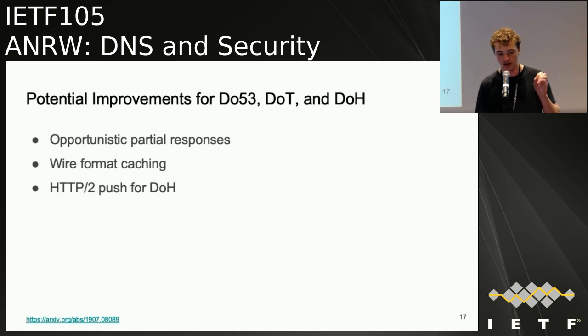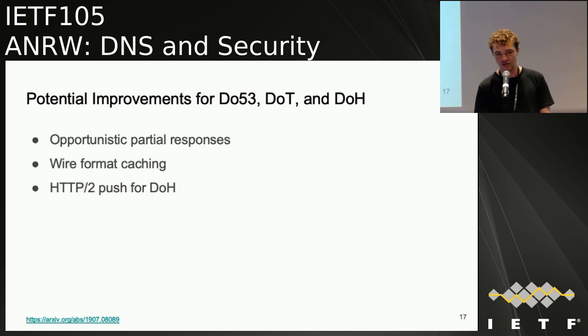In Firefox's DO implementation, the transaction ID is 0 by default. What this means is that once an answer is cached on a recursor, it knows what the exact format of the response is going to be. So you could simply cache the entire wire format instead of having to read the answer from the DNS cache each time. This could instead be an HTTP cache.